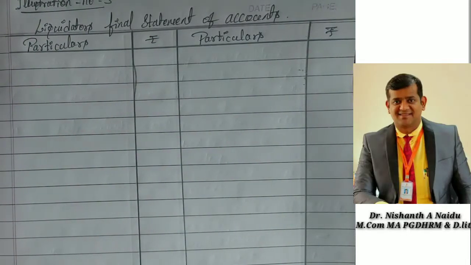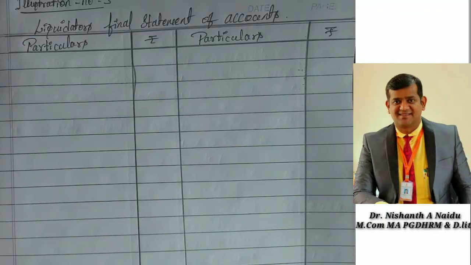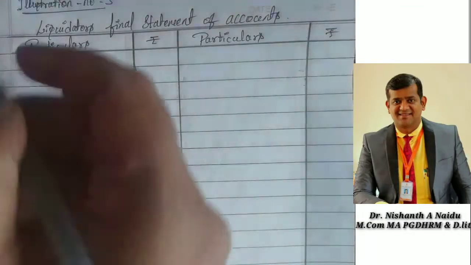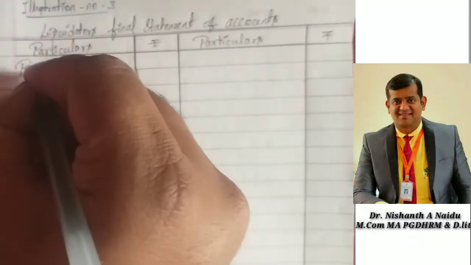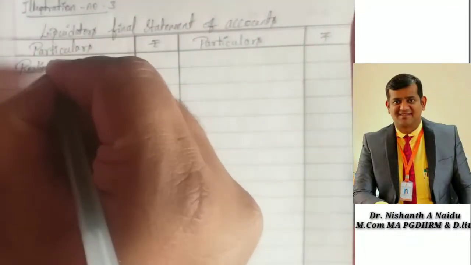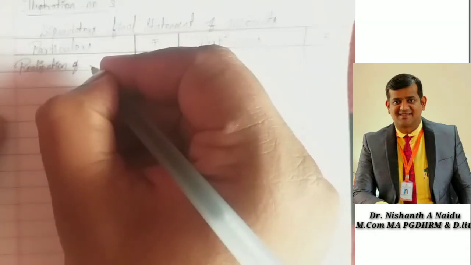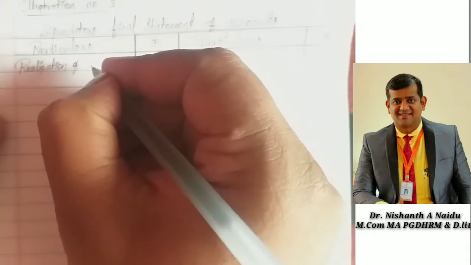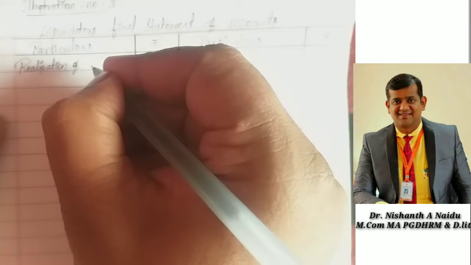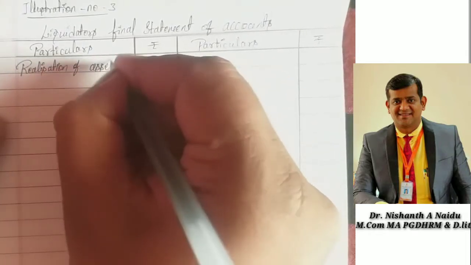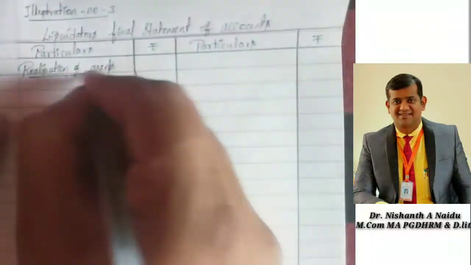As you all know, we always start from the debit side. So first we are going to start with realization of assets. This is going to be a heading.